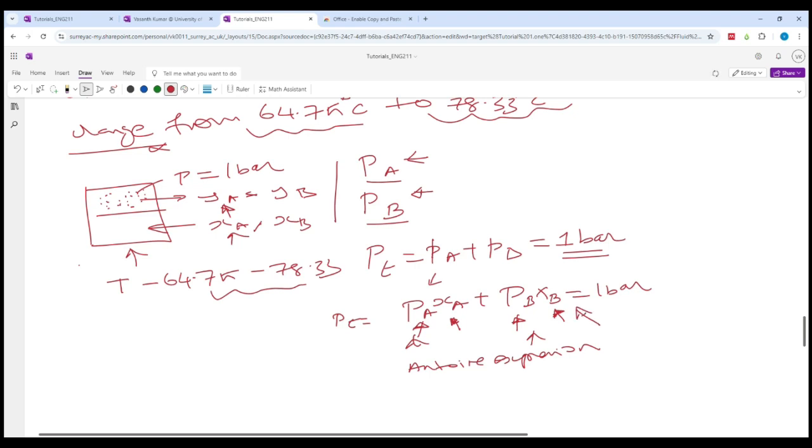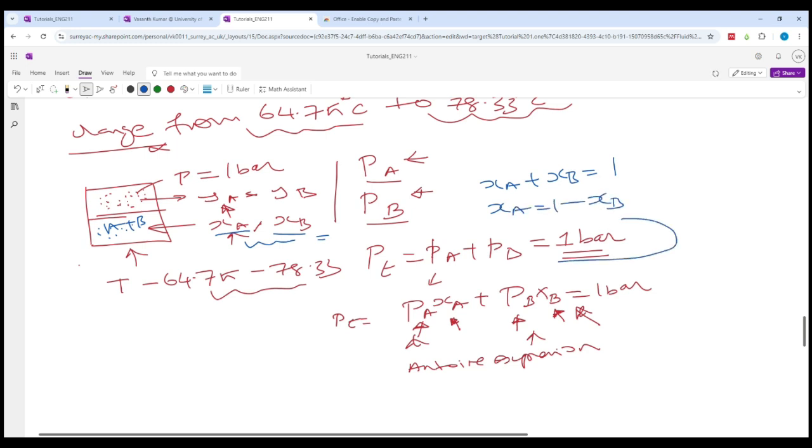XB can be replaced. How to replace? If you go back to this same box, let me change the color to blue. You have two components, A plus B, so XA is the mole fraction of A, XB is the mole fraction of B. This total should be equal to 1. So XA plus XB should be equal to 1, so XB is equal to 1 minus XA.